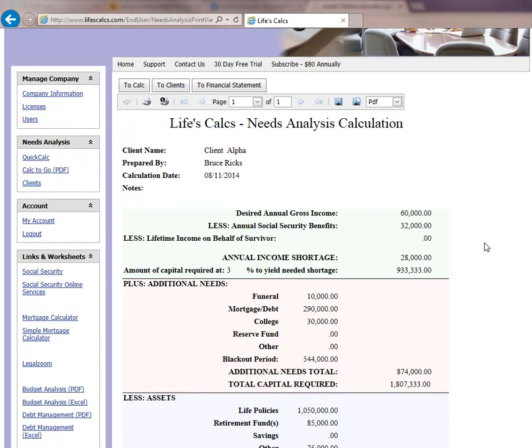This is a very beneficial feature of LifeCalcs, and you can put your clients in here either by name, or by number and keep a log off sheet or off site if you have any concerns about disclosure of information. This is an excellent place to put this information and recall it. It's always stored in there for you in the future.